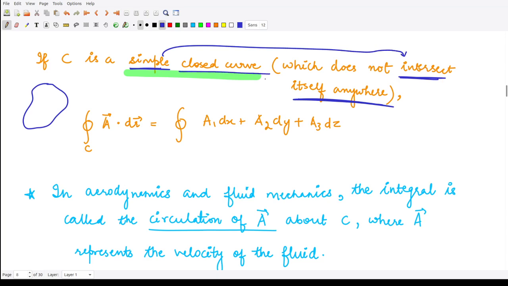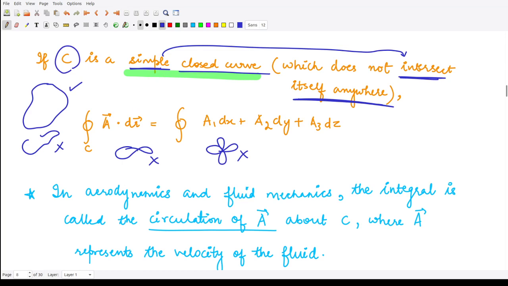Moreover, it should be closed. We do not want a curve of this kind, which is incorrect, and we also do not want a curve of this kind. These curves are not allowed because they intersect themselves. So our curve should be simple and closed, and this C represents such a curve.